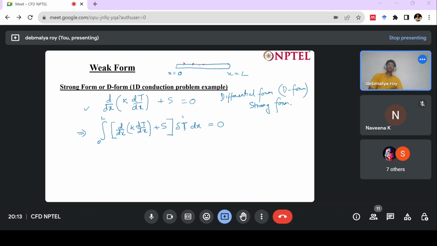And due to this approximation, we will see that our problems will simplify, and we will easily be able to solve this kind of problem. So our objective is to put it in a form in such a way that it can be inputted into a computer, or can be solved numerically.